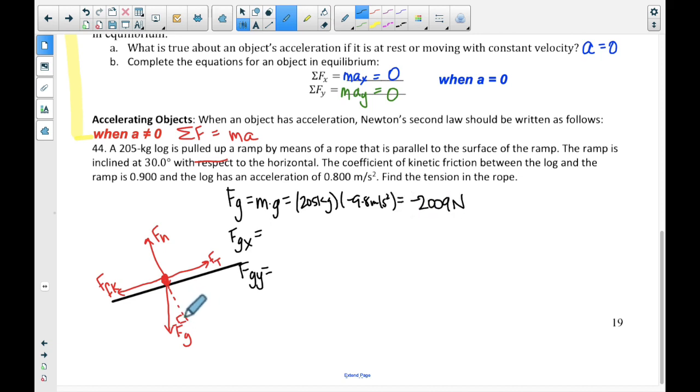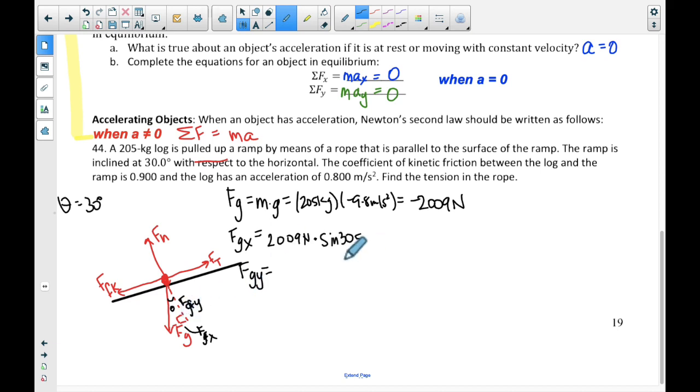So the force of gravity in the y direction and the force of gravity in the x direction, I can also find those. I'm going to have to use my trigonometry to do it. This is a 30-degree angle. That's my theta. Theta is 30 in this case. So the force of gravity, I put an F, that should be a G. Force of gravity in the x direction, that is the opposite, that is sine.